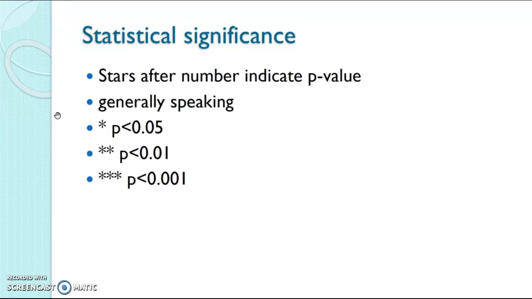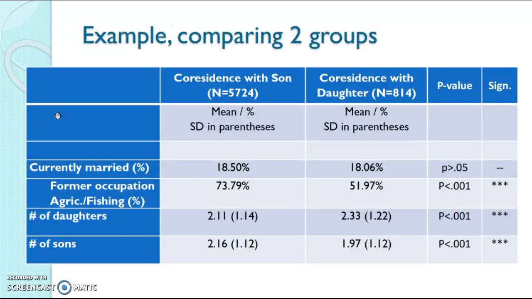Okay, so let me show you an example. This is an example from my own research on living arrangements of older adults with their children in China. In this case, I am comparing 2 groups of people. I'm looking at the people in my sample that live with a son and the people in my sample that live with a daughter.